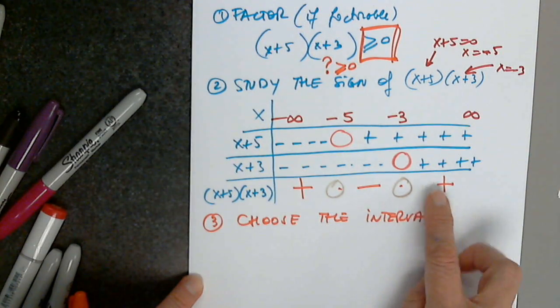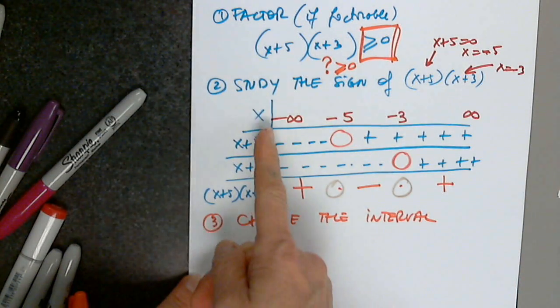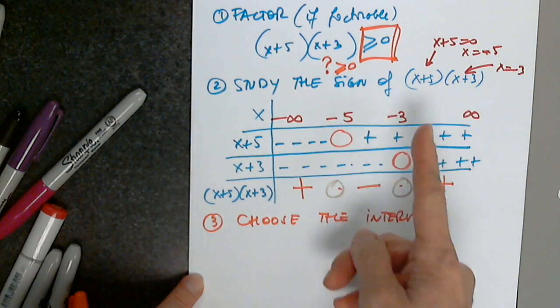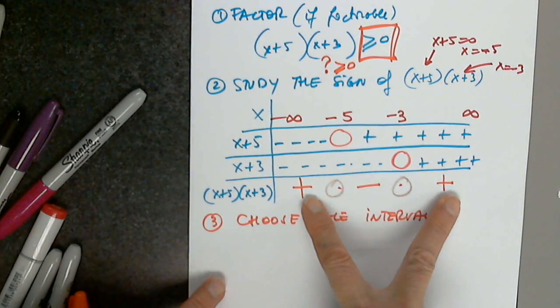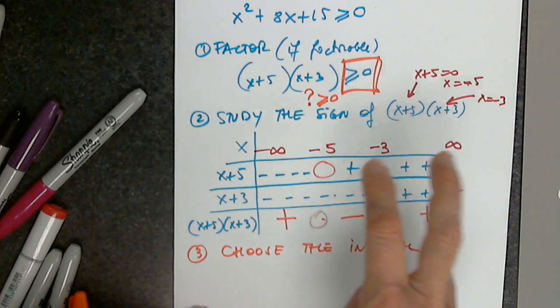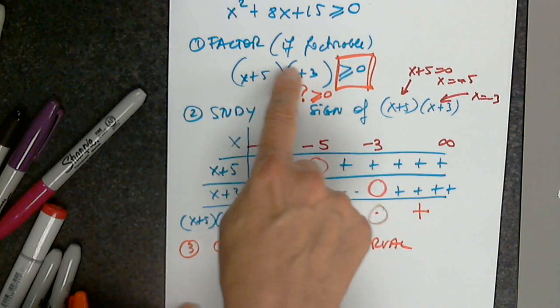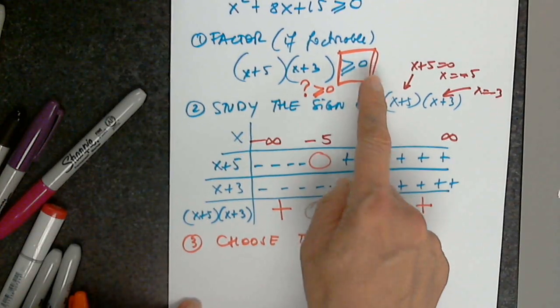And again, I see the product to be positive when x is here. So if I choose x between these two, union between these two, the product will be positive and the condition will be fulfilled. If I choose here, that will be wrong because the product is negative, so the negative will not be greater than or equal to 0.